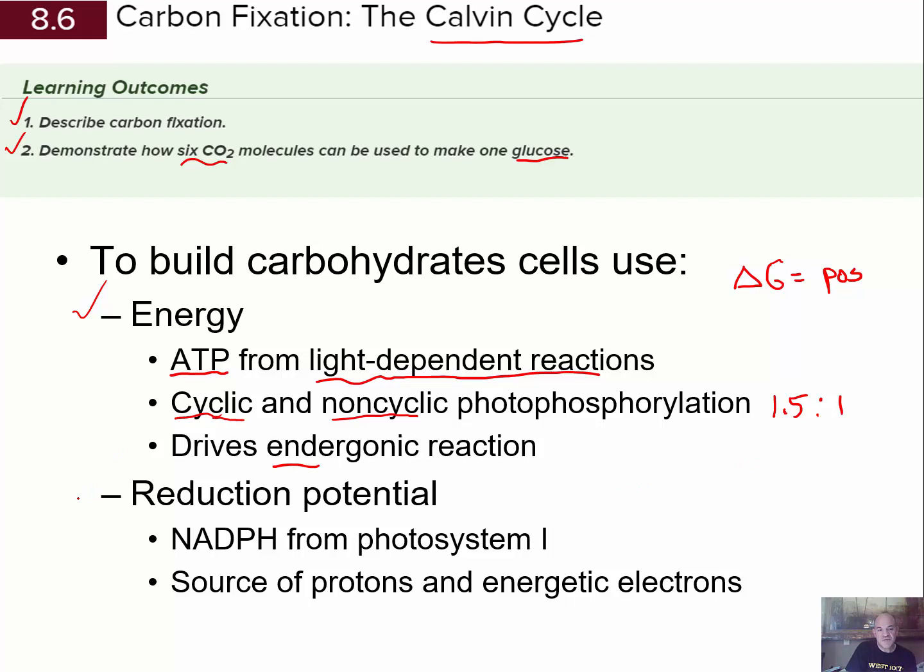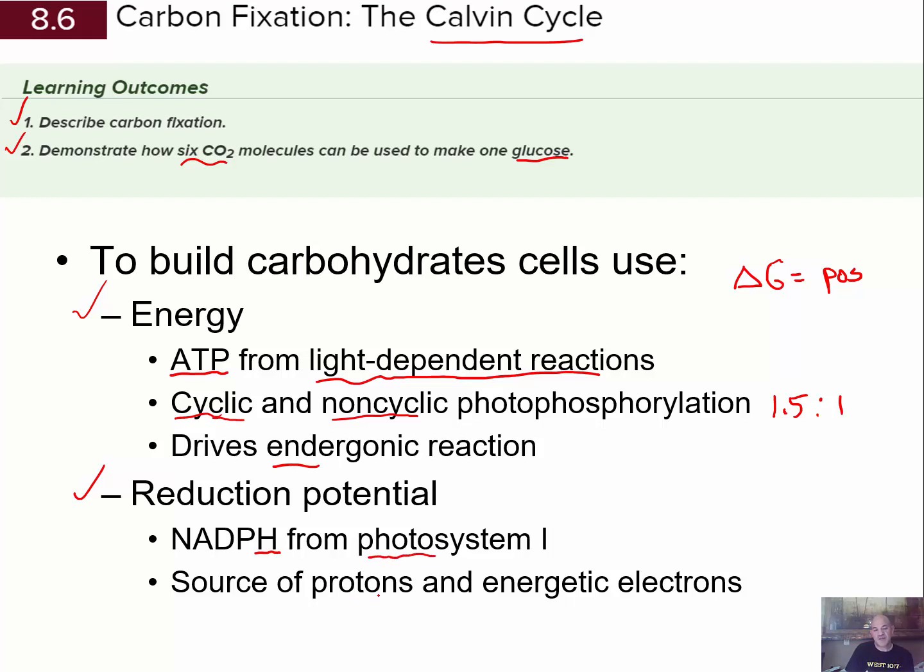And what are the NADPHs for? They bring reduction potential to this process. This hydrogen that got attached to NADP came with a high energy electron, and this was generated back during the light-dependent reactions of photosystem 1.